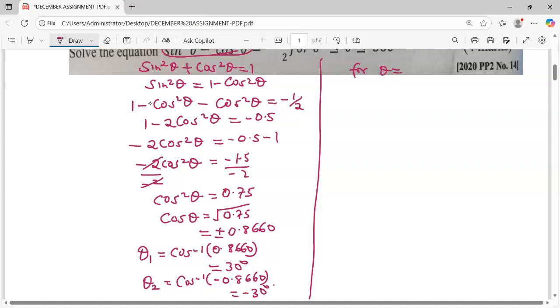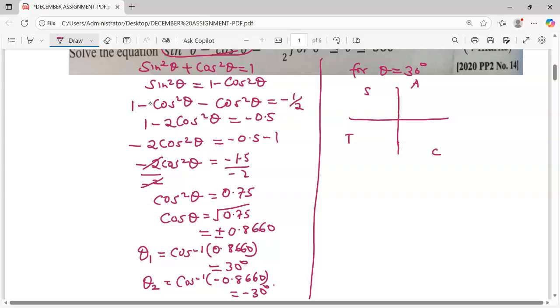For theta equal to 30 degrees, I'm going to come up with the unit circle. Let me simply sketch the unit circle by using the 4 quadrants this way, where we are going to have A, this is sine, this is tan, and this is cosine.